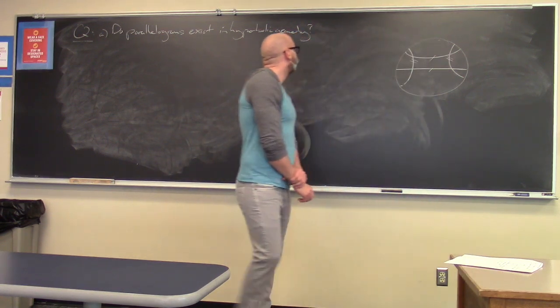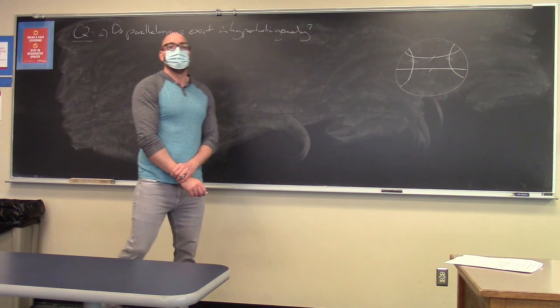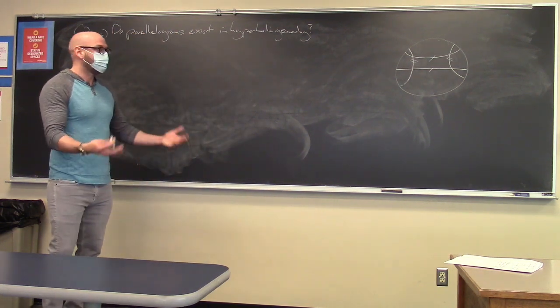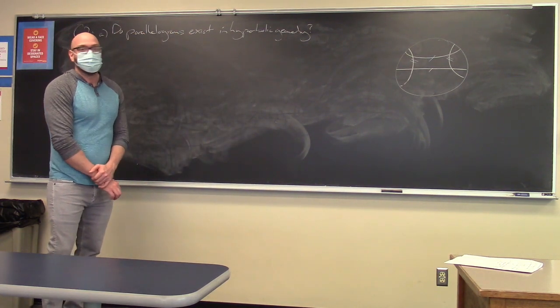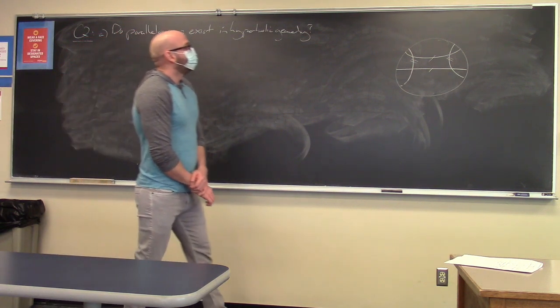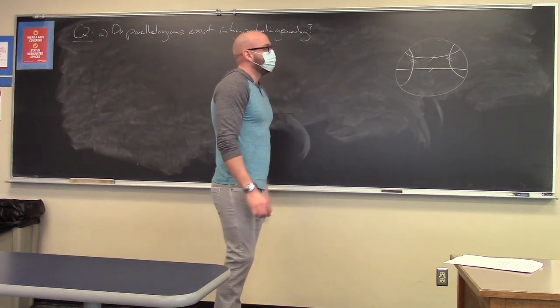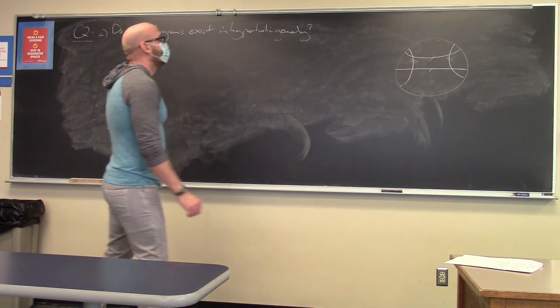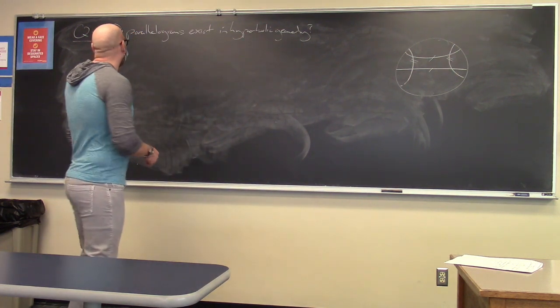Another answer would be to just build a Saccheri quadrilateral. We know Saccheri quadrilaterals exist, and we've proven they are parallelograms. So yeah, lots of ways to answer this. One is to actually just draw one. One is to say Saccheri quadrilaterals are parallelograms.